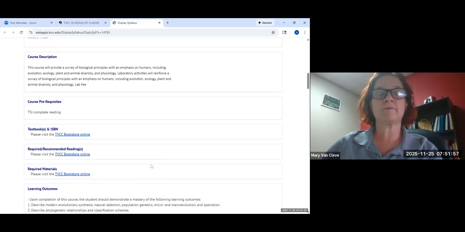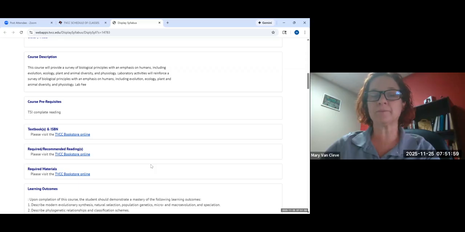This course provides a survey of biological principles with an emphasis on humans, including evolution, ecology, plant and animal diversity, and physiology. Laboratory activities reinforce these principles.